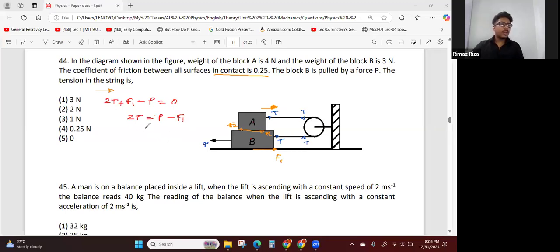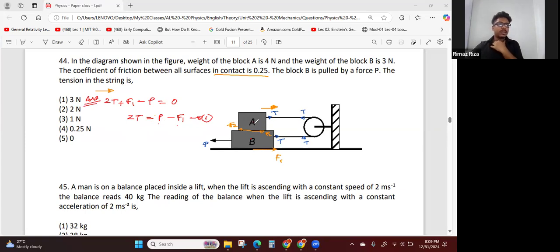This is for the A and B system. This is equation 1. So you can see we have three variables, T, P, F1. Therefore we need to write three equations.